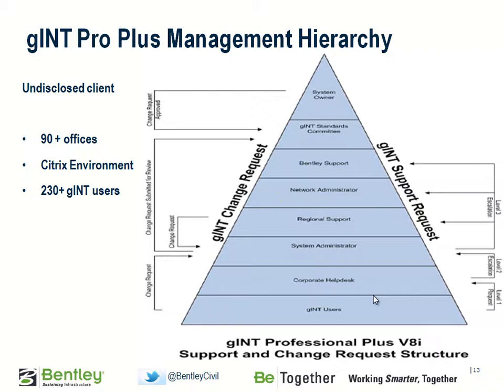First at the bottom we have GINT users, then corporate help desk, then system administrator, then regional support, then network administrator, then Bentley support they call for, and then the GINT standards committee who defines the GINT standard database, reports, symbology, and everything that is to be managed in GINT, as mentioned in the slides in the beginning of this presentation. And then they have a system owner who controls the entire support and change request structure. So this is one of the most complex setups that GINT is run in.